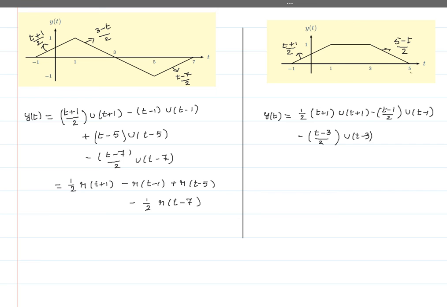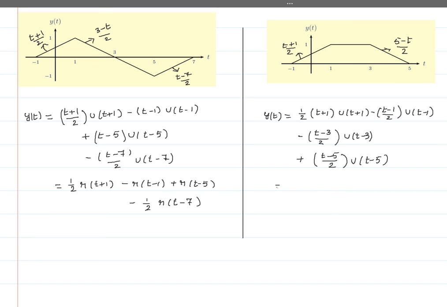This continues till 5, and at 5 the slope of the signal again becomes 0, and for this to happen we have to add a positive slope, which is plus (t minus 5) by 2 into u of t minus 5.